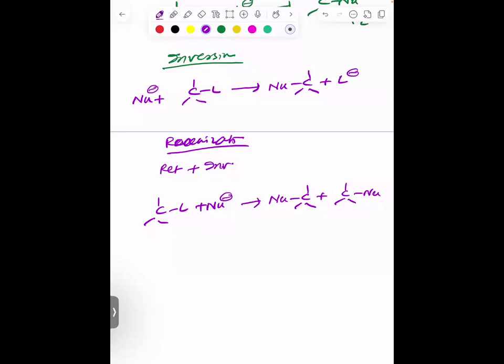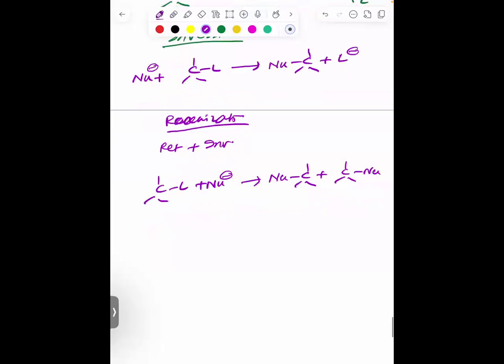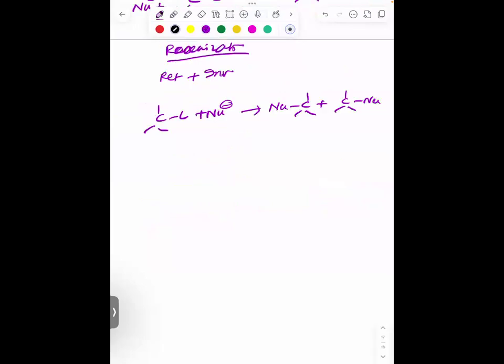Yes or no? This is the carbocation center, which has a planar shape. This is the nucleophile. The nucleophile is present everywhere in the medium or in the solvent.